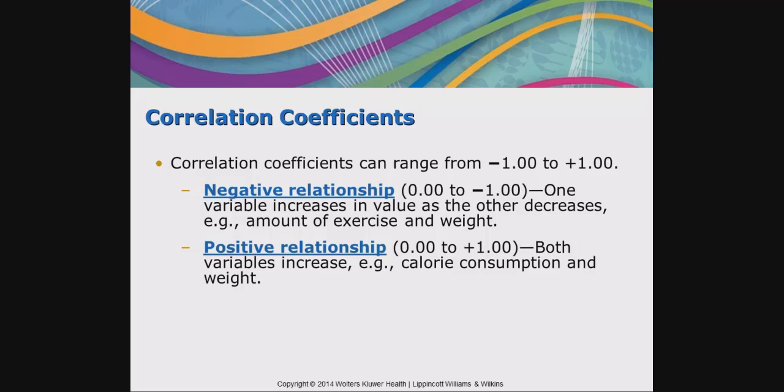A correlation coefficient is a statistic that presents intensity, magnitude, and direction of a relationship. The most widely used is Pearson's r, that little r that we talked about earlier. And a negative relationship you're going to see is from 0.00 to -1.